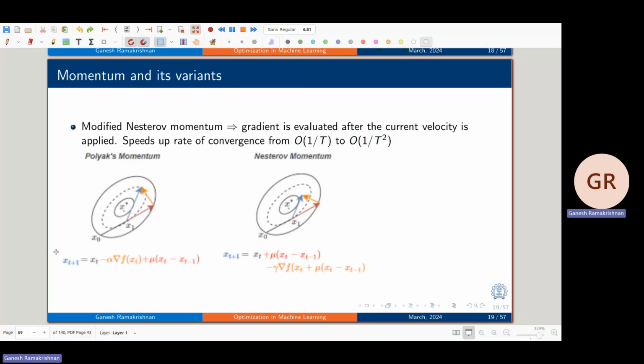Okay, so the point 1 in orange. This is the only difference between these two. This is the Nesterov.